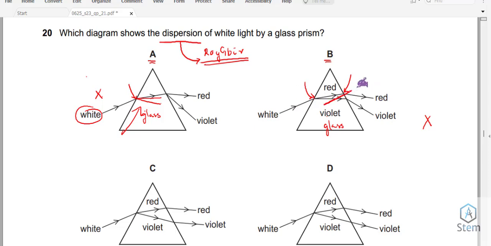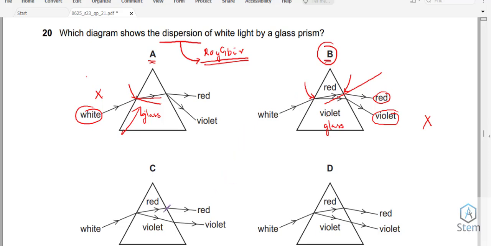If we put our normal, we can see that red light is moving away, violet light is moving away. Which is a good thing again, because the two rays are moving away in the same direction. So B is looking very good right there.